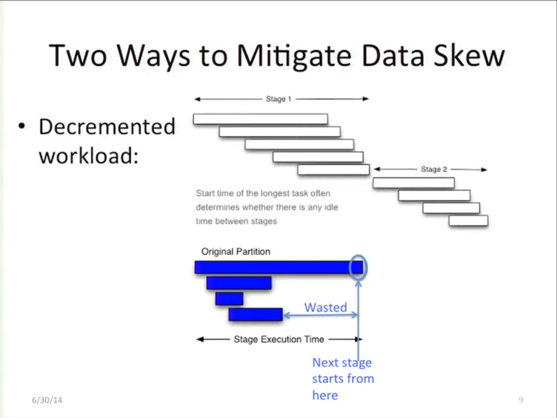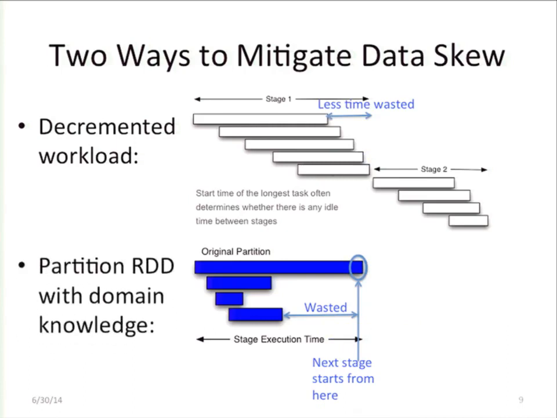We know that the start time of the longest task often determines whether there is any idle time between stages or not. So basically, we want the tasks that have been issued early to have heavier workload than the later ones. In that way, we will have less time being wasted.